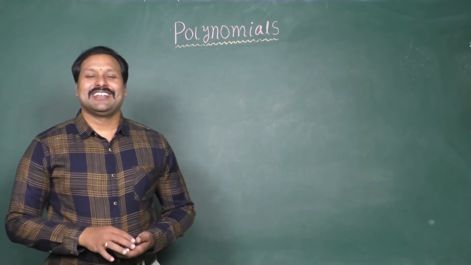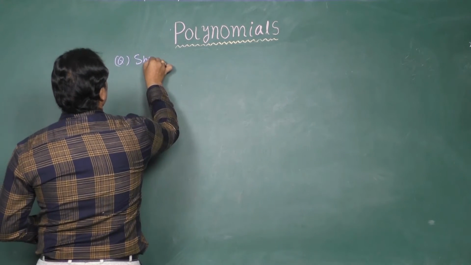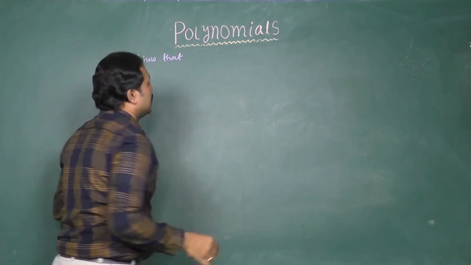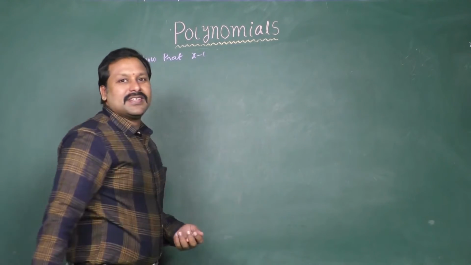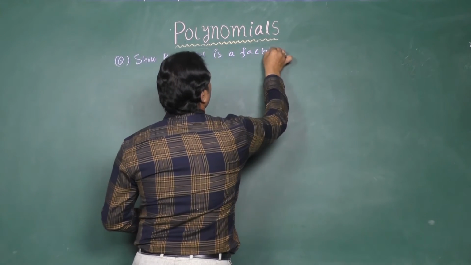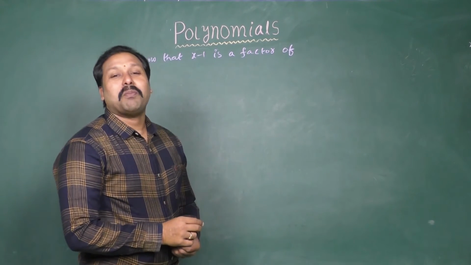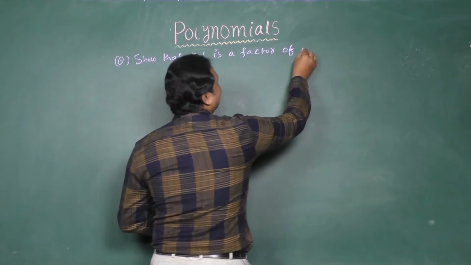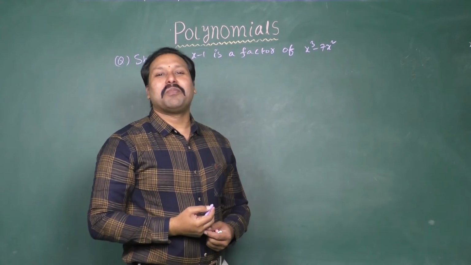Next question, show that x minus 1 is a factor of x cube minus 7x square plus 14x minus 8.